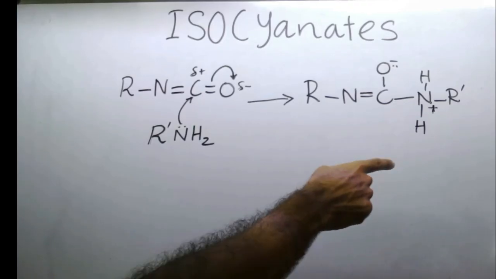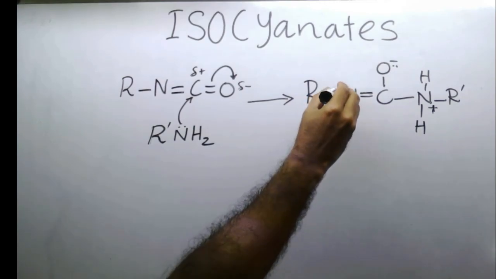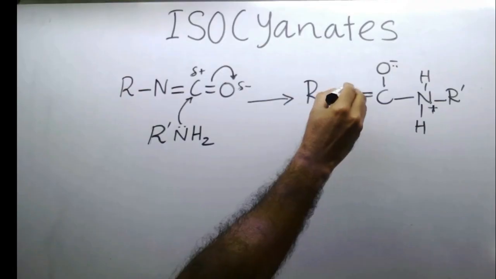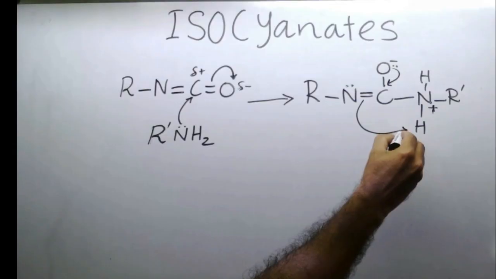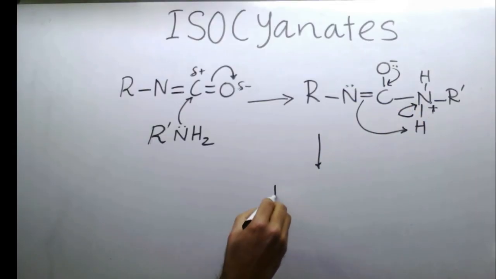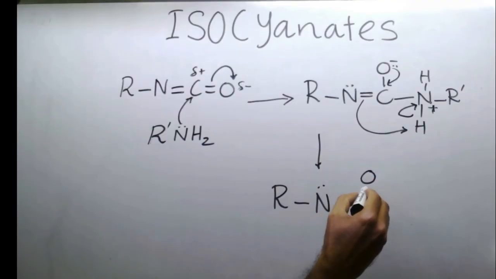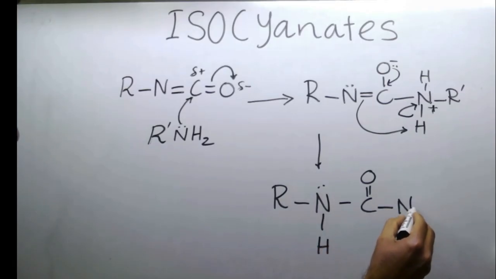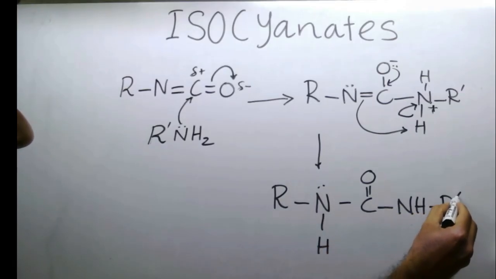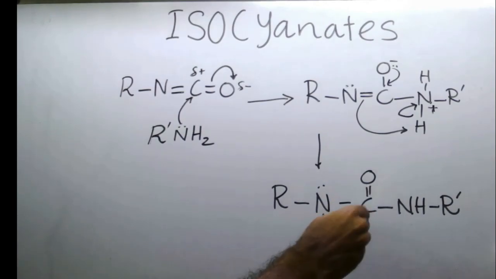In the next step, one of these protons will be removed and attach on nitrogen. This nitrogen should contain a lone pair. This way. So this is a urea related product because two nitrogen atoms have attached to the carbonyl carbon.